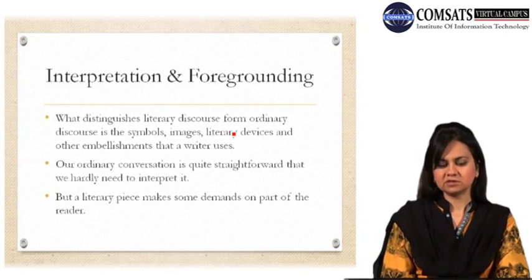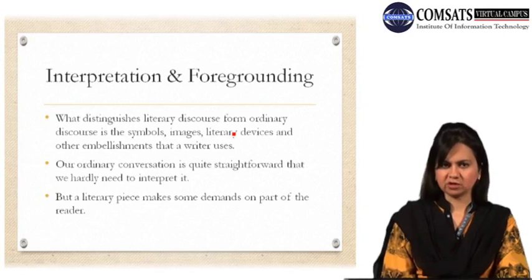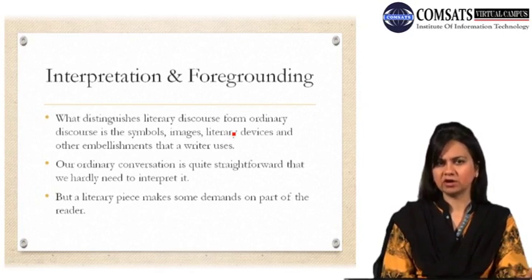Our ordinary conversation is quite straightforward, so we hardly need to interpret it. When we are talking to a friend or a sister or a brother, we don't use words which are symbolic or have metaphoric meaning or connotational meaning or referential meaning. We talk directly to make somebody understand what we mean.